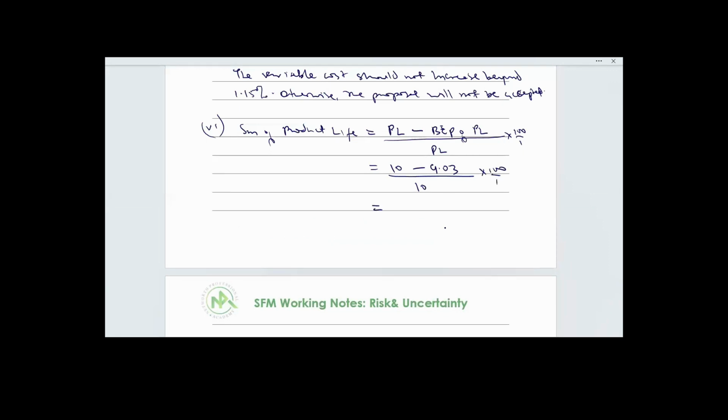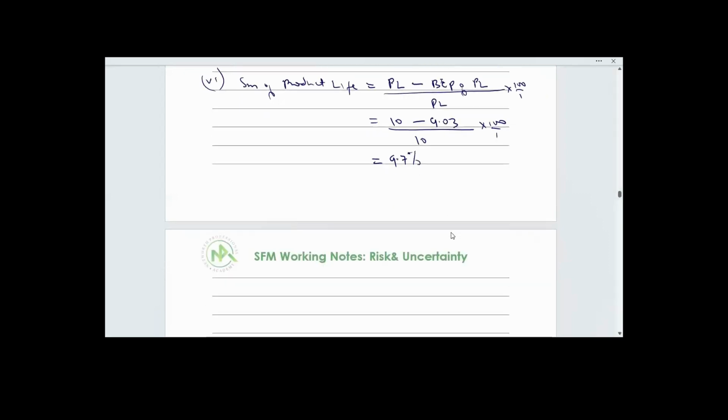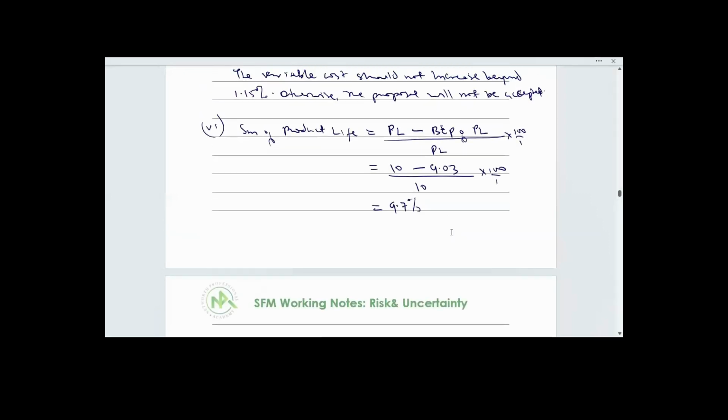Final answer: that's 9.7%. So this means that the project life should not fall below 9.7%.